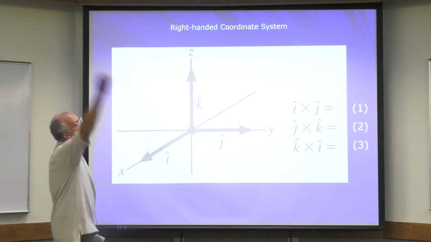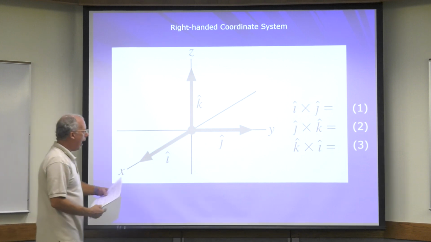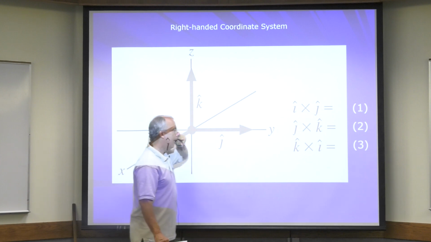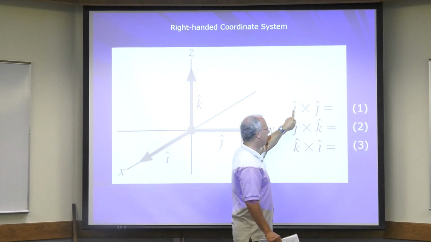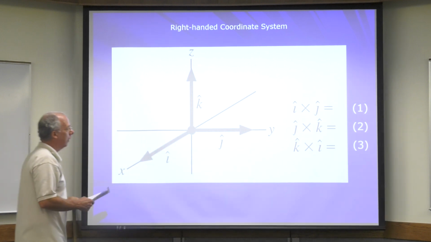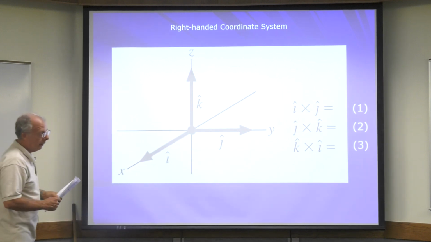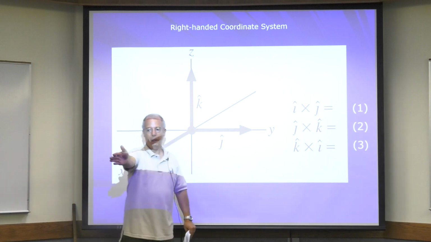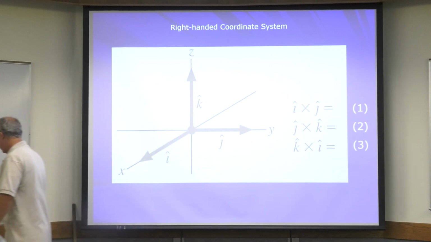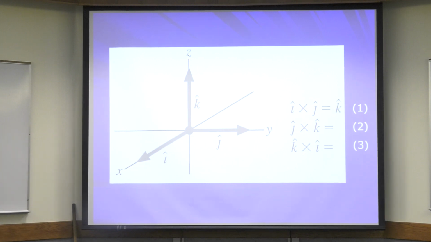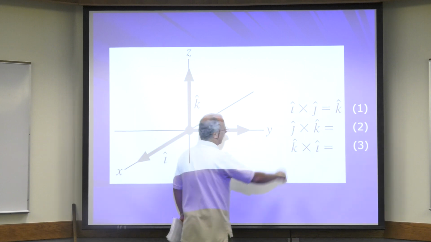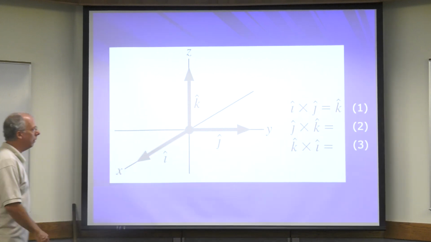All right? So, stand up. Okay, so I is coming out. J is this way. K is that way. So please figure this out. What is I cross J? Figure that out. Okay, so I cross J is K. Now do this one, J cross K. Do it on your own.